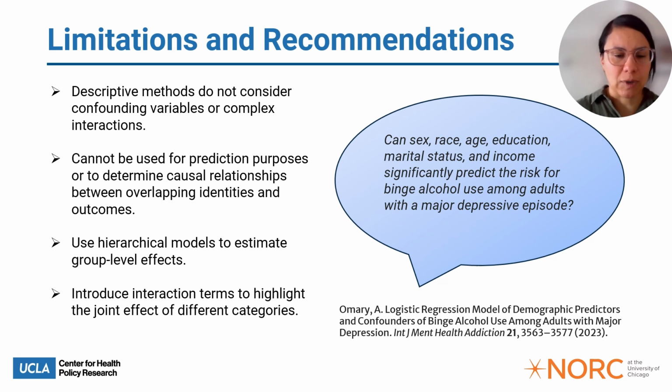If we go with these more advanced techniques, then we can answer more sophisticated questions like the one example that I have here, that is, can sex, race, education, age, marital status, and income significantly predict the risk for binge alcohol use among adults with a major depressive episode? Of course, those are very complicated questions, but descriptive methods are necessary as a first step before we can even get to that point.